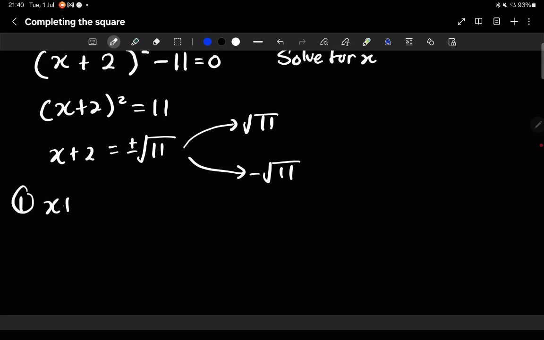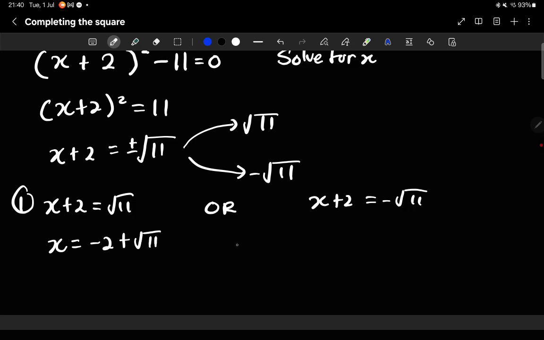One, x plus 2 is equal to root 11, or x plus 2 is equal to negative root 11. And so your final answers will be x equal to negative 2 plus root 11 and x equal to negative 2 minus root 11.